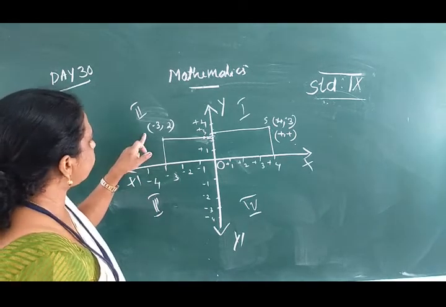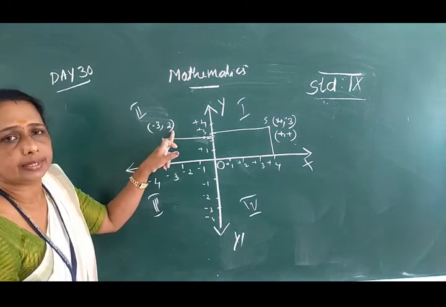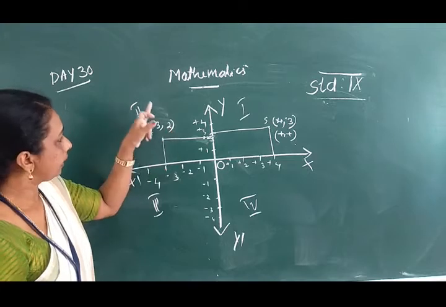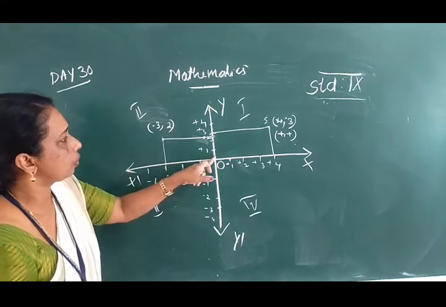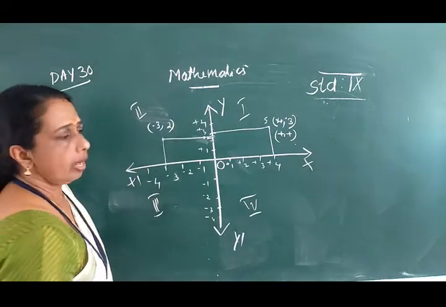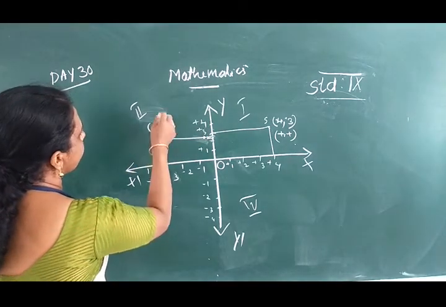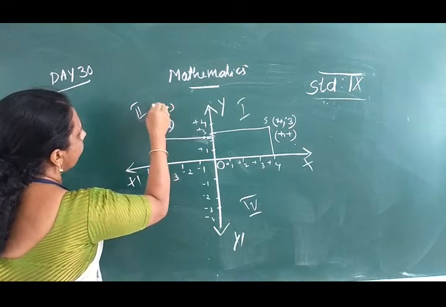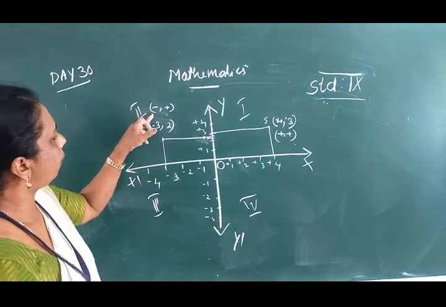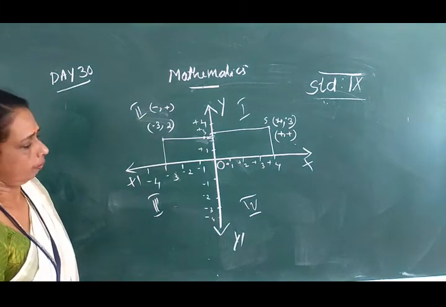Here x coordinate is negative and y coordinate is positive because the second quadrant is formed by a negative x-axis and a positive y-axis. Therefore, the sign of the coordinates of a point in the second quadrant is always (-, +). X coordinate negative and y coordinate positive.